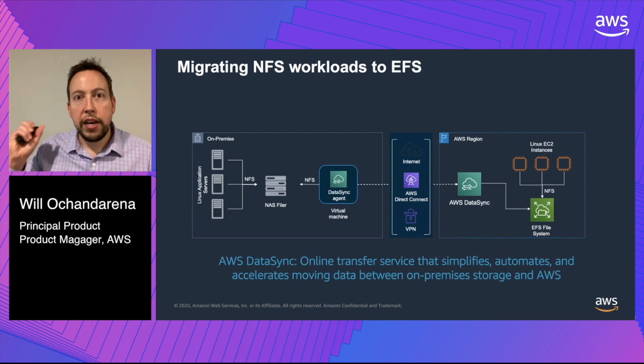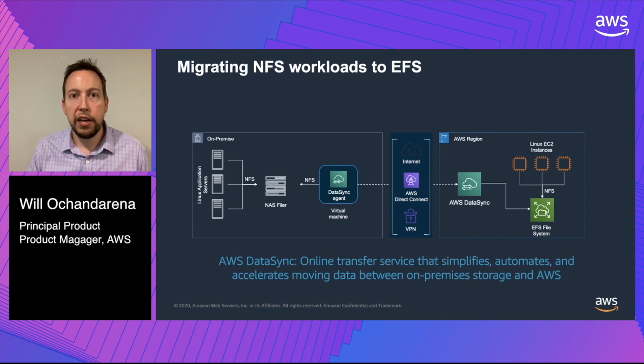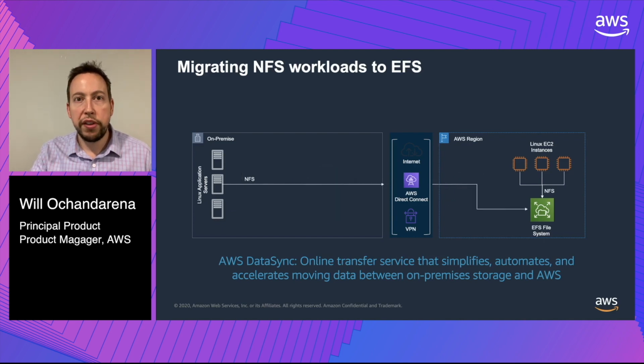And then it will connect to the AWS managed DataSync service in AWS. And then you can configure either a one-time or incremental synchronization of data from on-premises into the cloud. Once the data is moved, that means now your applications can move simply as well. In some cases, customers have set it up so that once they move their data over the first time, they still have some on-premises applications connecting through AWS Direct Connect to Elastic File System.